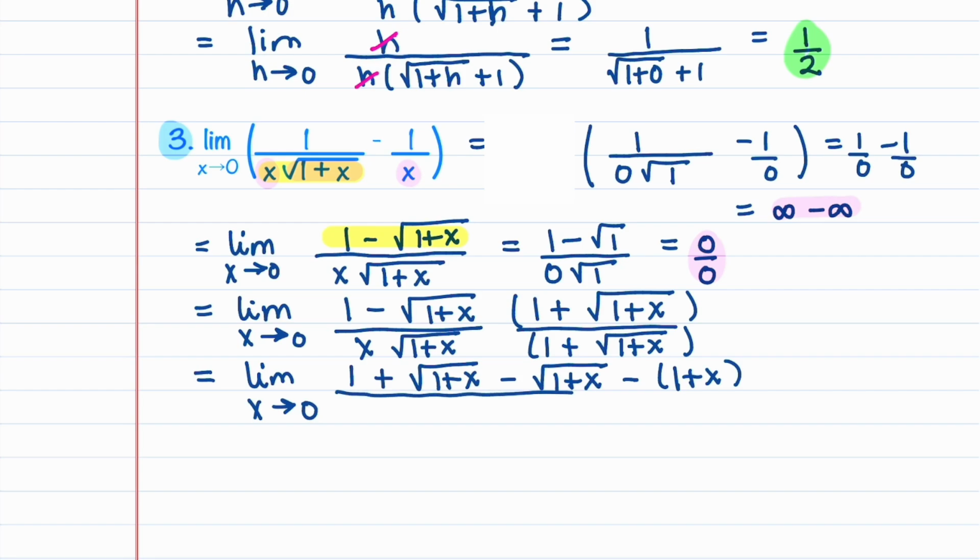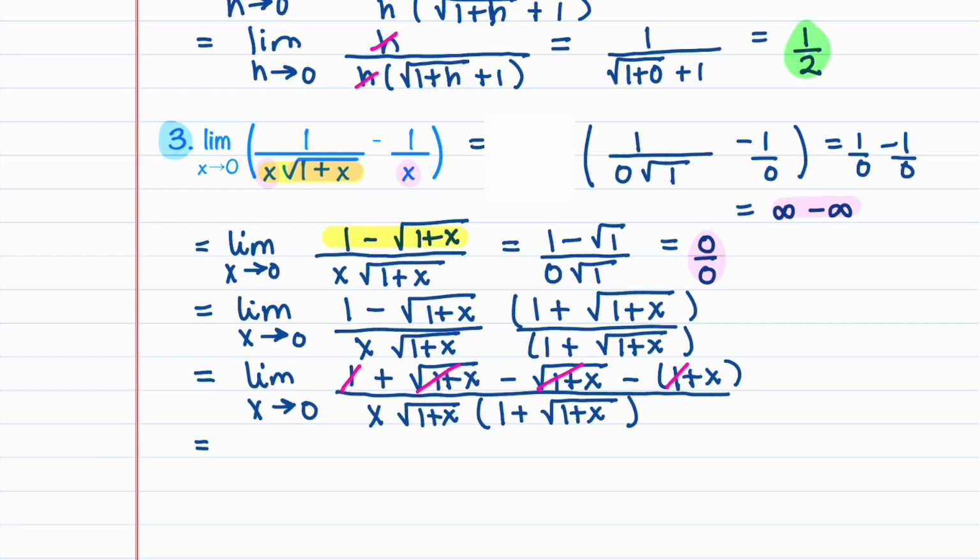And then our denominator, we just have to copy down x square root 1 plus x. Do not multiply the denominator out because we're hoping that terms are going to cancel. Let's look back up at our numerator and we'll cross out the terms that cancel. This term and this term cancel, and then our 1's cancel.